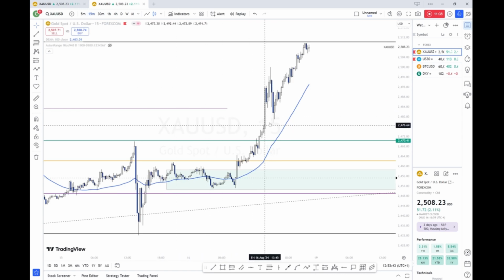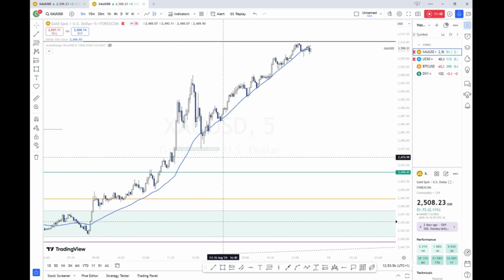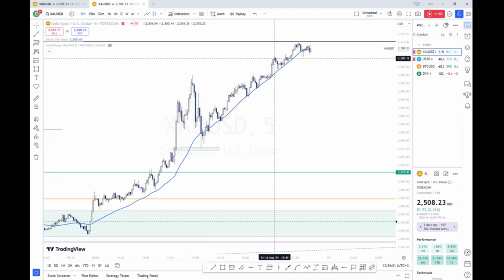There's an imbalance here. This is a week-to-week base. That was the guy responsible for pushing price up in an inducement; it retested and I started buying.